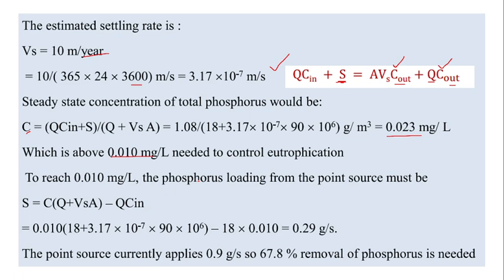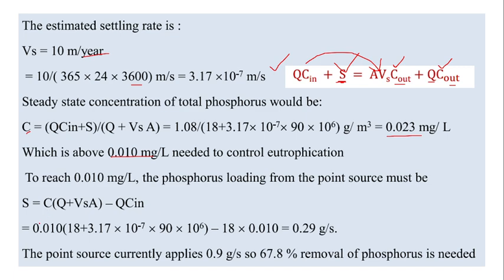That's beyond the limit. So to control the eutrophication, what should be the loading from the point source? Now we need to calculate the S. Again we need to rearrange this equation: S equals (A Vs plus Q) into C out, minus QC in.